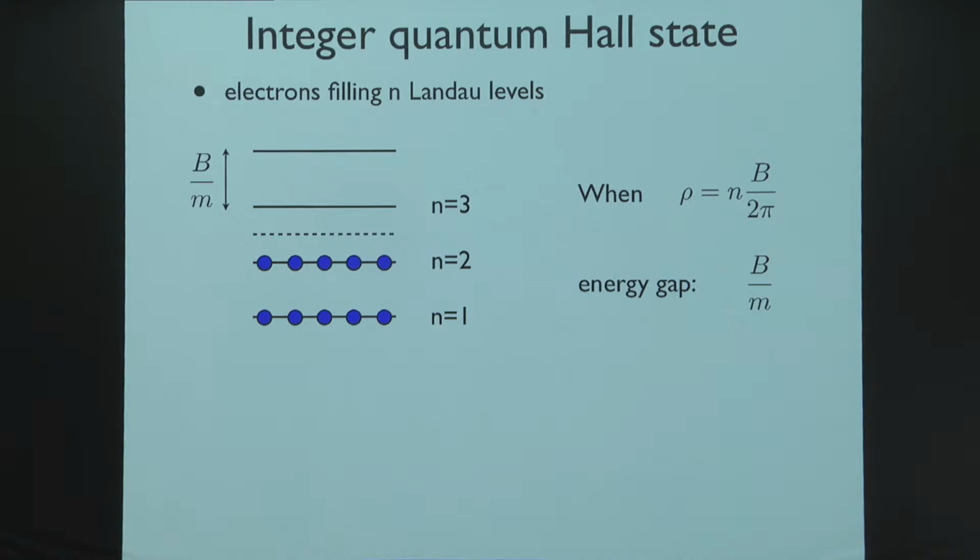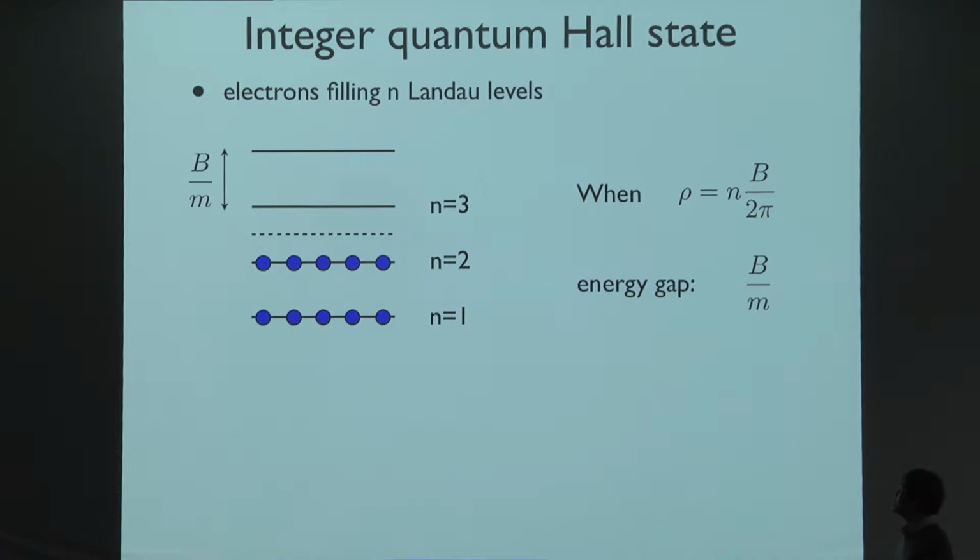By thinking about this Hamiltonian in perturbation theory, we can understand quite well what is called the integer quantum Hall state. Putting the electron in a magnetic field, the spectrum of each electron is organized into Landau levels, and the distance between the neighboring Landau levels is given by B divided by m.